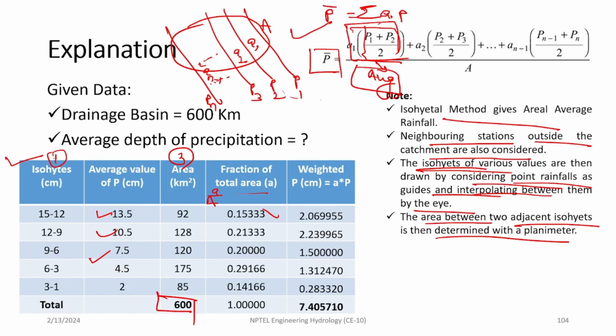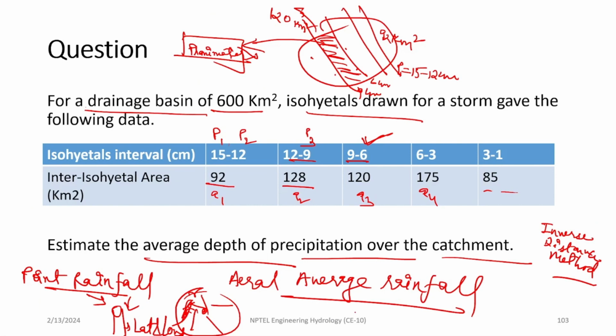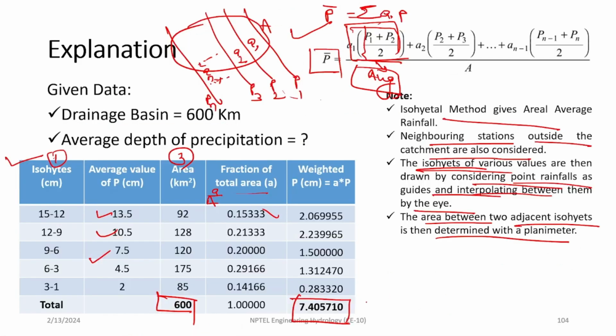So first compute the weighted rainfall for the other ISO heights, then take the summation, and at last we will get a value of about 7.40. What will be the unit? Centimeter. Good, it will be in centimeter.